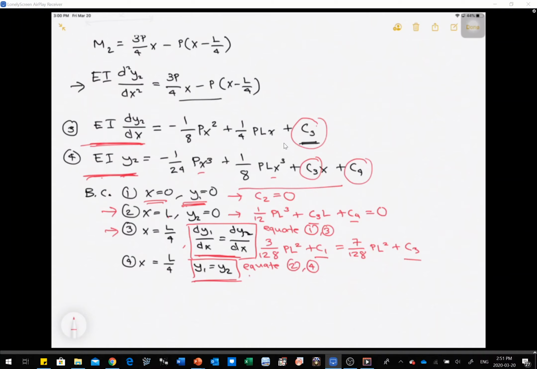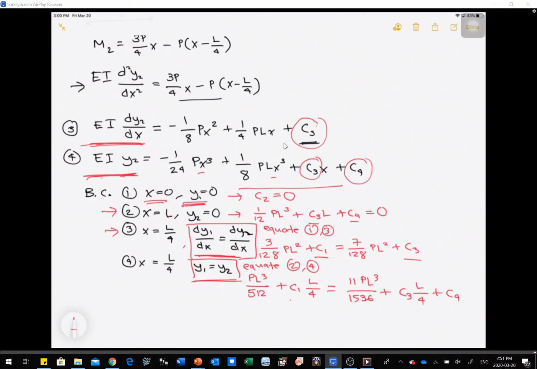So we're going to get PL raised to 3 over 512 plus C1 L over 4 is equal to 11 PL raised to 3 over 1536 plus C3 L over 4 plus C4.